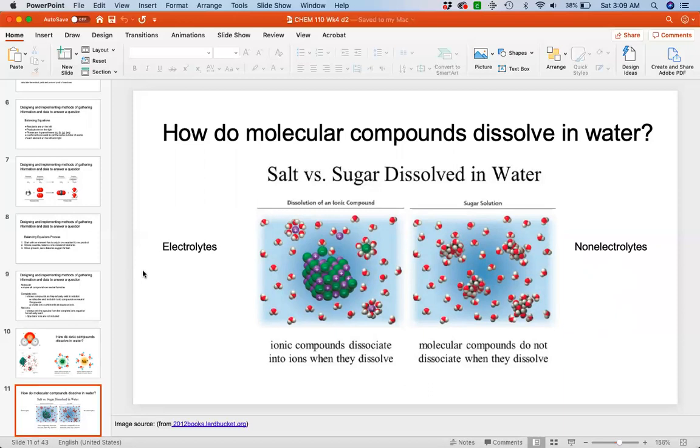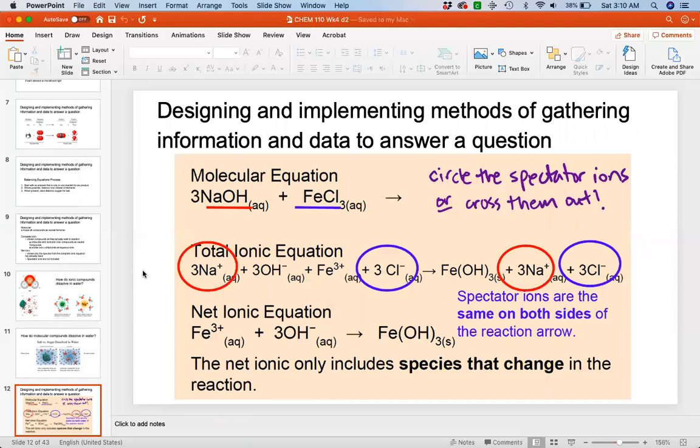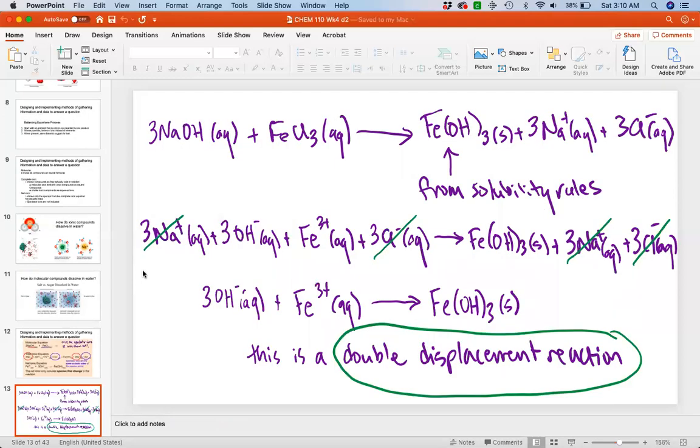That's an important distinction because as we think about how to write out our equations, we want to make sure that we're being attentive to details like our phases. So we're going to think about how to write out a molecular equation, a total ionic equation, and a net ionic equation. So if we think about that, we have 3 sodium hydroxide, which is aqueous, plus iron chloride, which is also aqueous.